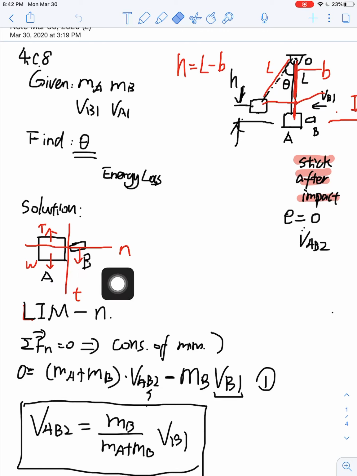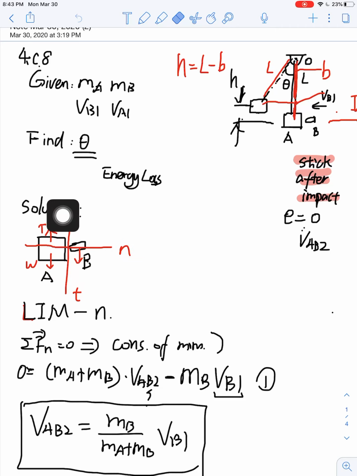During the impact, we can set up our t and n coordinate system, with n as the line of impact and t as the plane of contact. Then we can apply a linear impulse momentum equation in the n direction, which is the horizontal direction. In the horizontal direction, we don't have any forces, right?